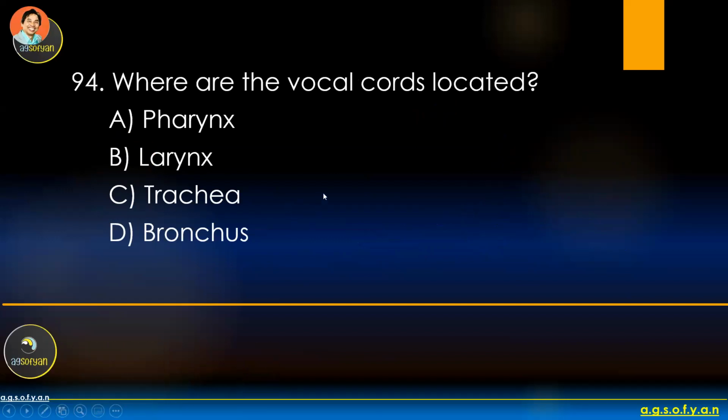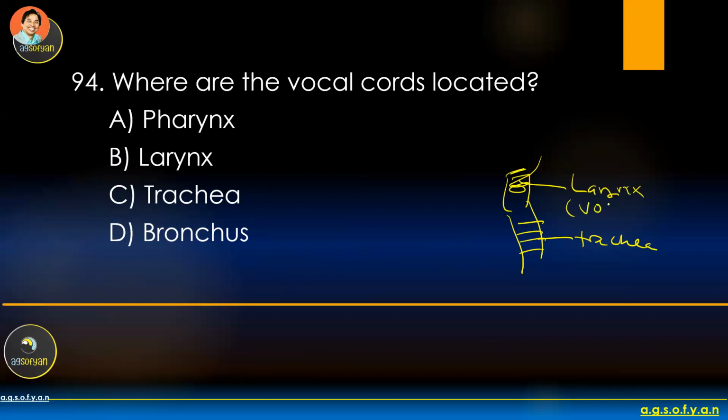Where are the vocal cords located? So this is the larynx, and then it continues as the trachea. Another name for larynx is vocal box, or voice box.